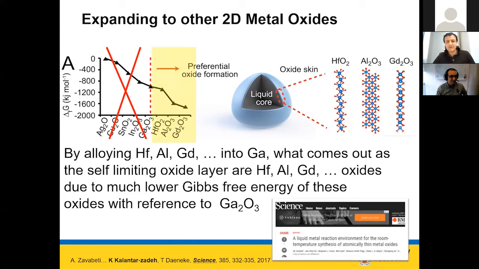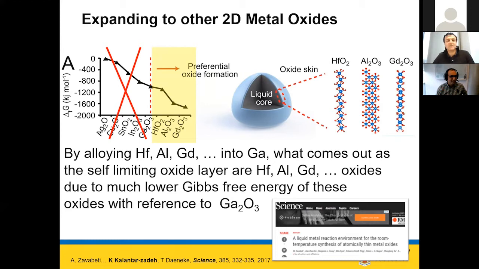Actually, it was an idea that my colleague Torben and I had, that on the surface of the material there seems to be a competition between different metals that come to the surface. So Ali went and tried different metals and came back with the outcome that, yes, oxides of gadolinium, aluminium, hafnium, and many other oxides come to the surface in competition to gallium oxide.